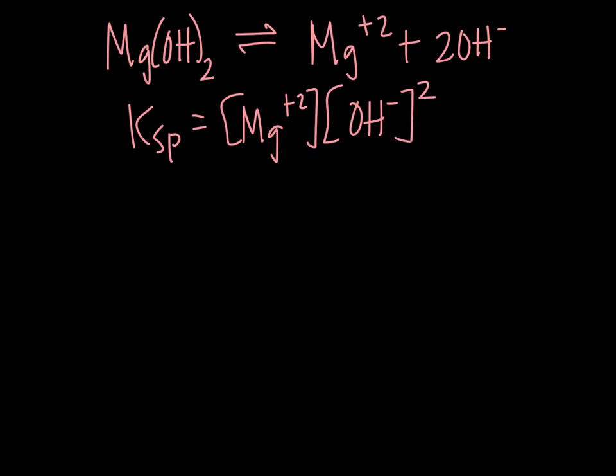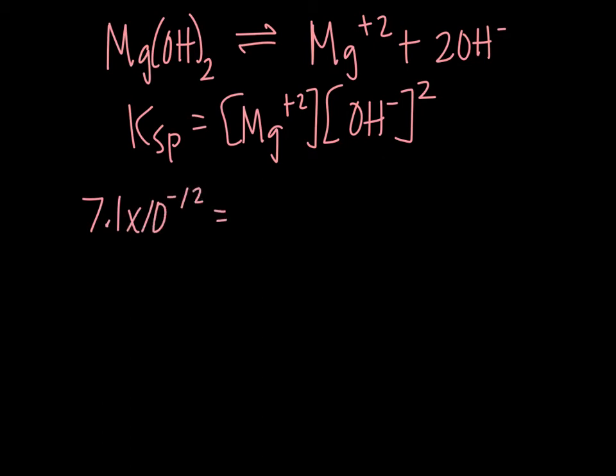So this hydroxide is going to be squared. These Ksp values can be found in a textbook in the appendix or something. So the Ksp value for the magnesium hydroxide is 7.1 times 10 to the negative 12.